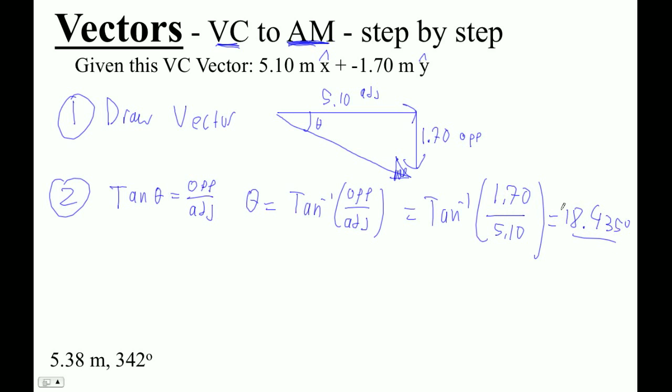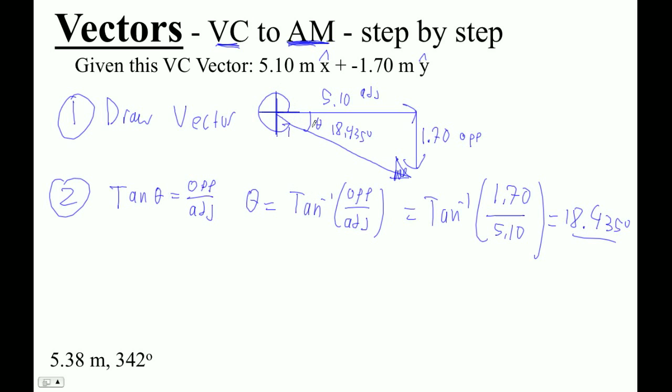And I'm not done with that yet. I want to make a trig angle out of that, right? Okay, so let me show you how to do that. By the way, if you get this angle there and you label that angle as 18.435 degrees, you're done. I mean, we're fine, you know, with that angle, right? But let's find the trig angle too, just for fun, because then we'll be like the uber geeks here, right? The trig angle goes like this.